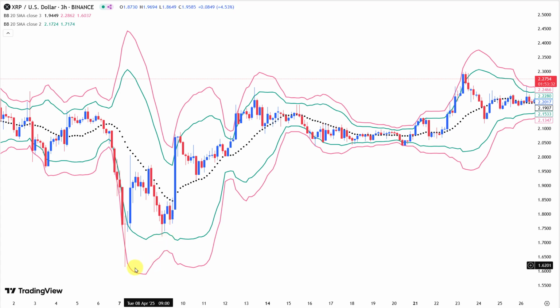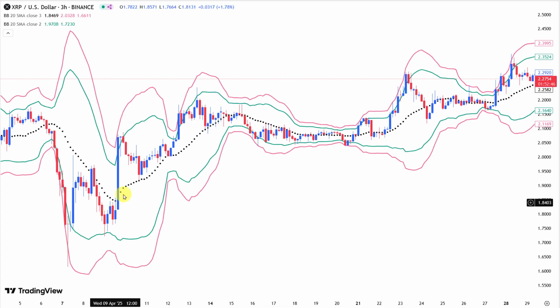I don't want this low to surpass the first low, meaning I don't want it lower than here. So when I get a test, it tests this, and then it starts pushing off. That's it. That blue candle right there, that's a buy.